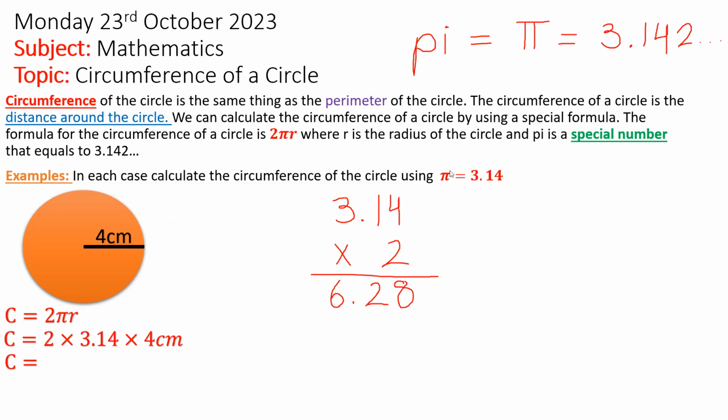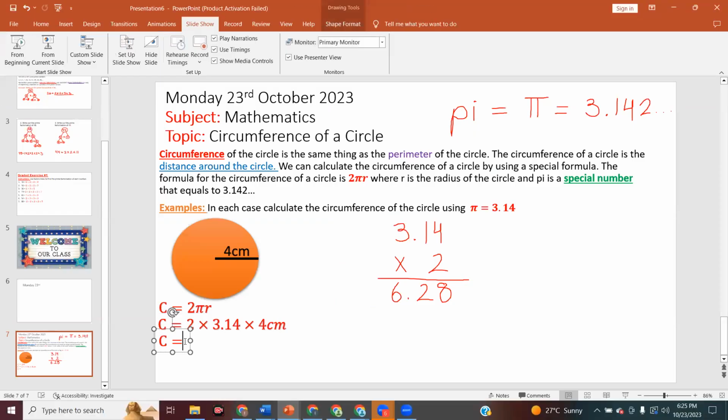In this case, they use an approximation for pi, which is 3.14, and so we have to use that inside the question. So 2 times 3.14 is going to be what? 6.28.